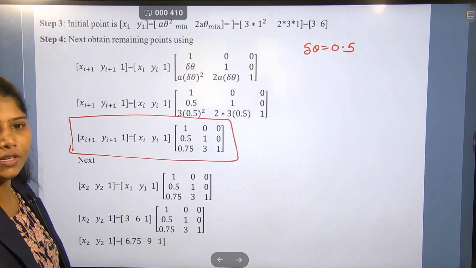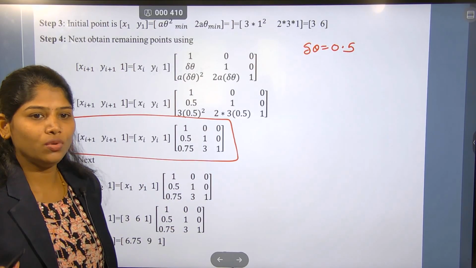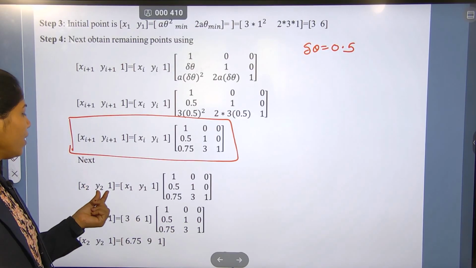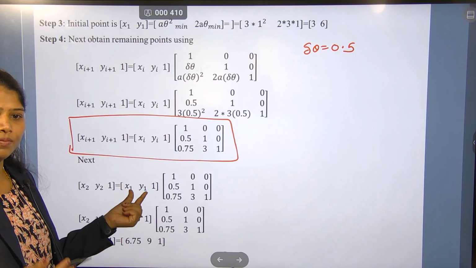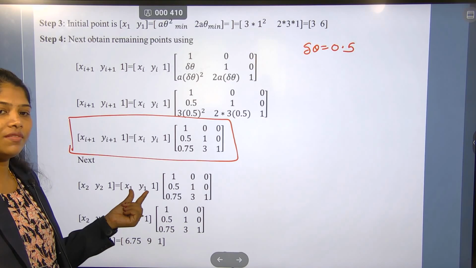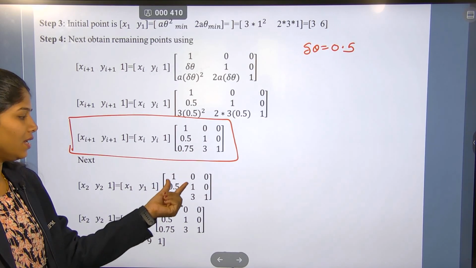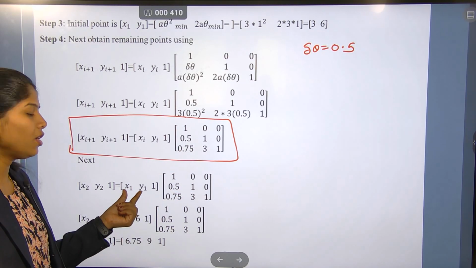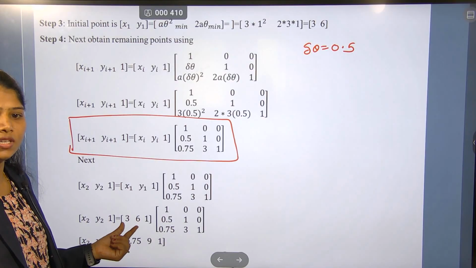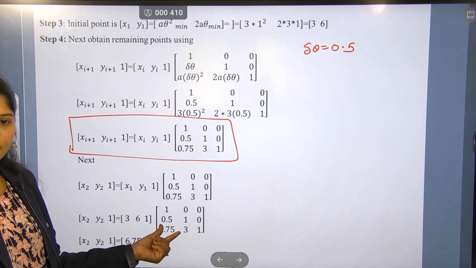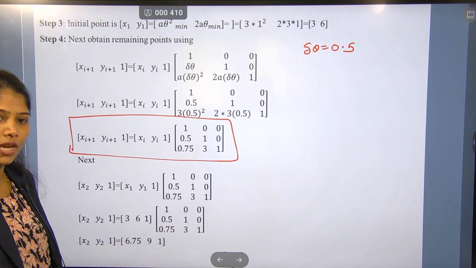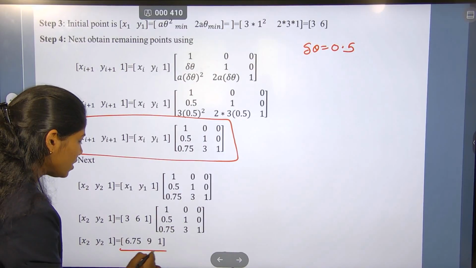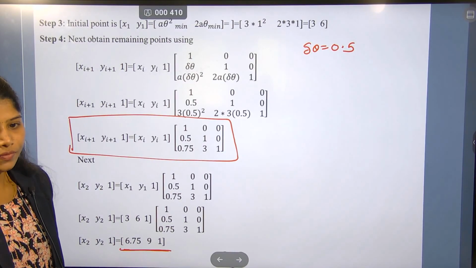So we find the second point x2, y2, 1. For x2, y2, 1, the first previous point is x1, y1, 1 into this matrix as it is. Put here the values of x1 and y1. So 3, 6, 1 into this matrix as it is. Just do the matrix multiplication. We get our second point here. Okay.